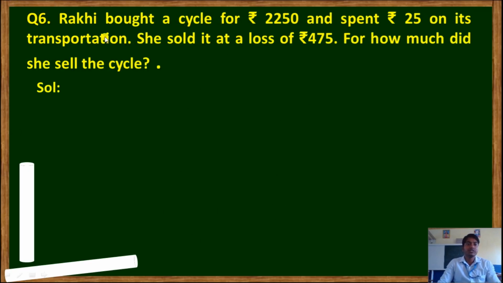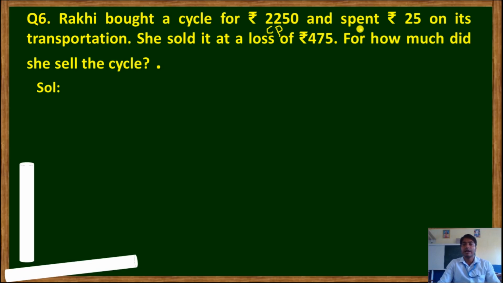This is question number 6. Rakhi bought a cycle for rupees 2250 and spent rupees 25 on its transportation. She sold it at a loss of rupees 475. For how much did she sell the cycle? So here we have to find out the selling price. Rakhi bought a cycle for rupees 2250, that means this is the cost price.